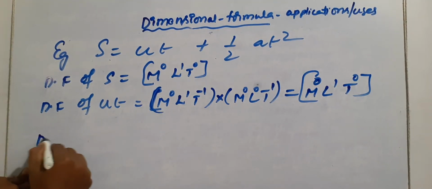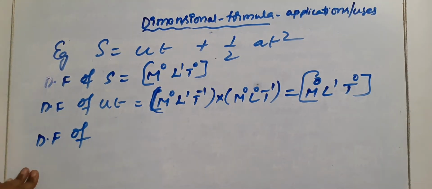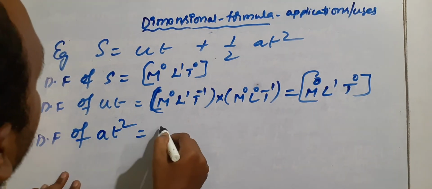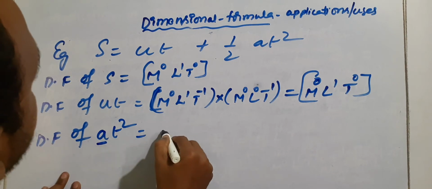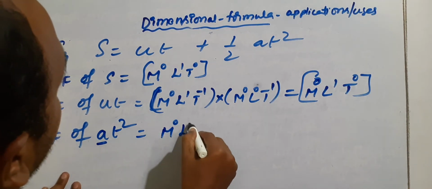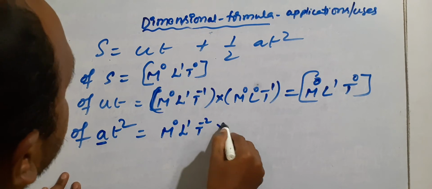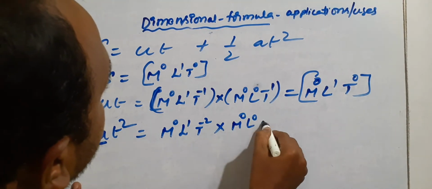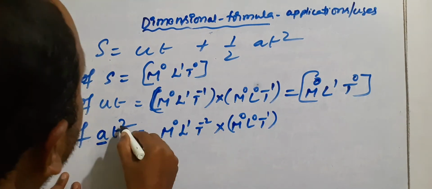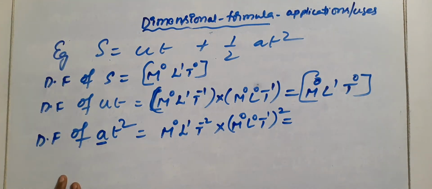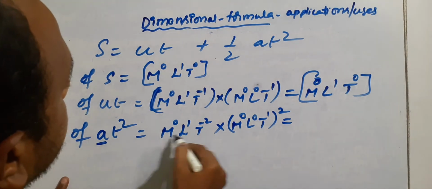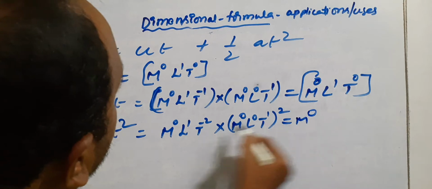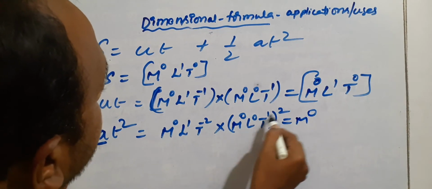Now we take the dimensional formula of at square. The dimensional formula of acceleration is M power 0, L power 1, T power minus 2. The dimensional formula of time, students, is M power 0, L power 0, T power 1, and here we need to square it.